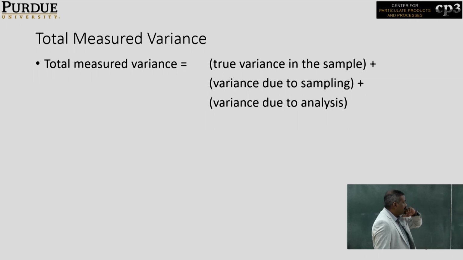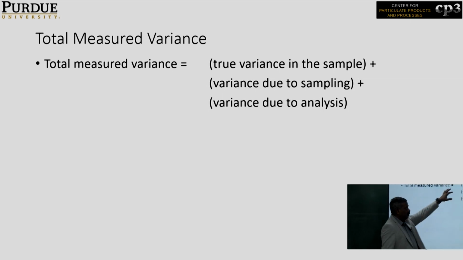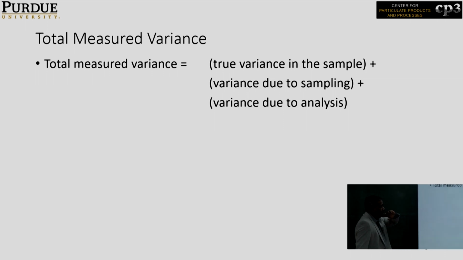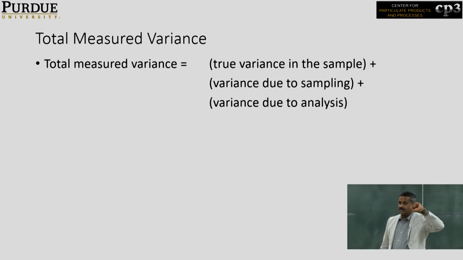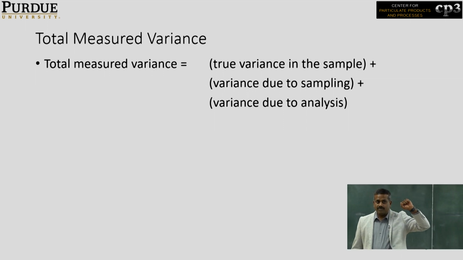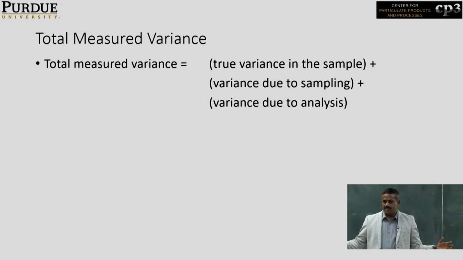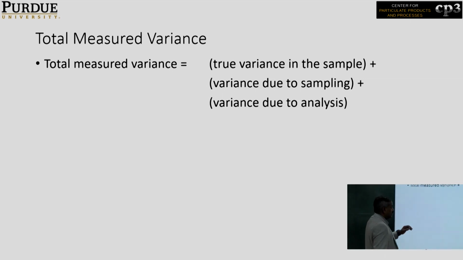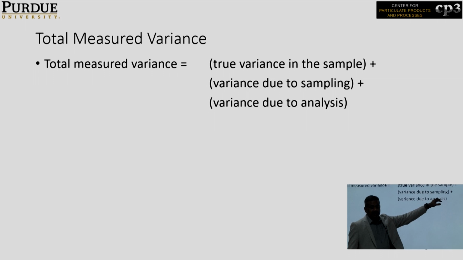So again, the total measured variance, how much variability in the sample, we'll come back to that towards the later part of the lecture too. What we are interested in is actually characterizing or quantifying the actual variance in the sample, right? How much the property is different. But unfortunately, we introduce lots of variance from the sampling.